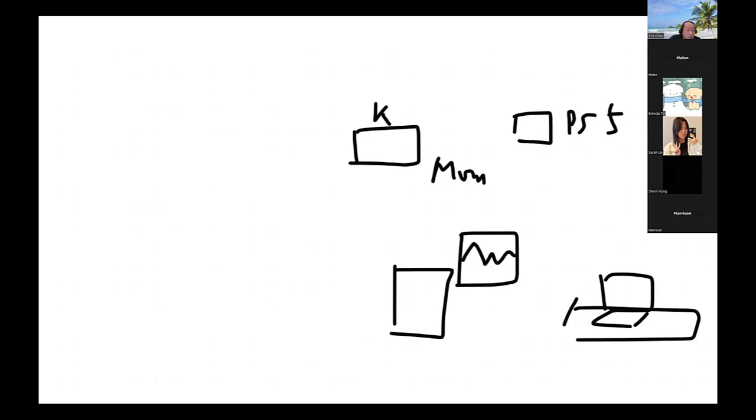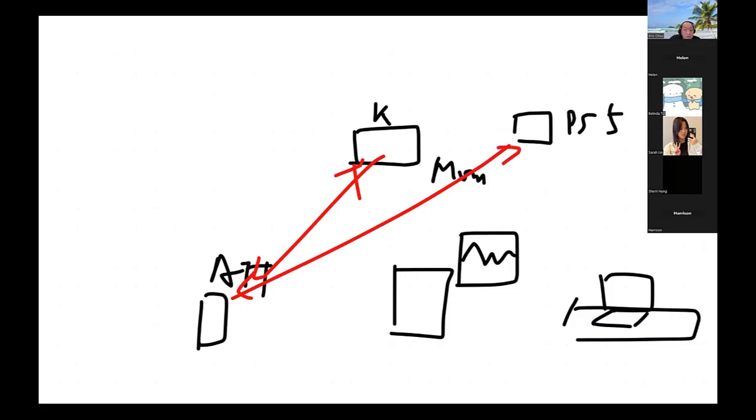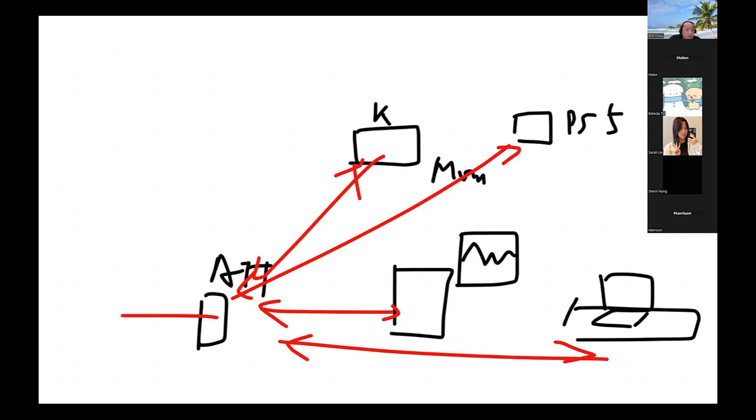Every single one of them has a Wi-Fi router from AT&T. So everybody talks to it, and then this goes out. This one is also called a router, a Wi-Fi router. Usually the Wi-Fi router is talking about this one.